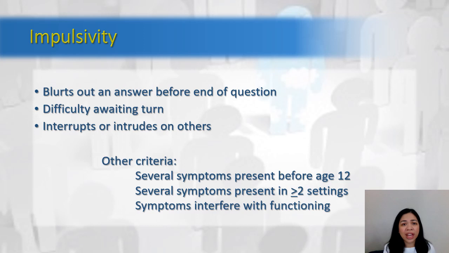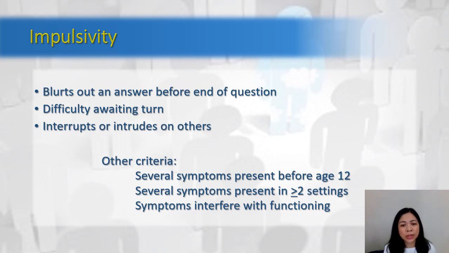The DSM-5 also sets other criteria, such as that several symptoms should have been present before the age of 12 because, again, this is a developmental disorder. So it should be present in childhood, and several symptoms should be present in two or more settings, meaning, like in Gino's case, there are symptoms seen in the school, and there's also a difficulty seen when studying at home.